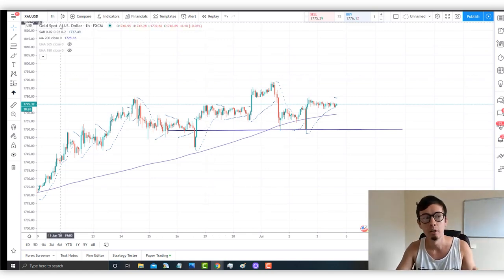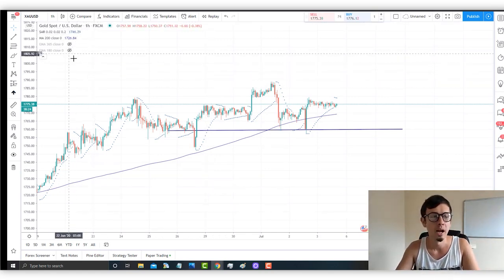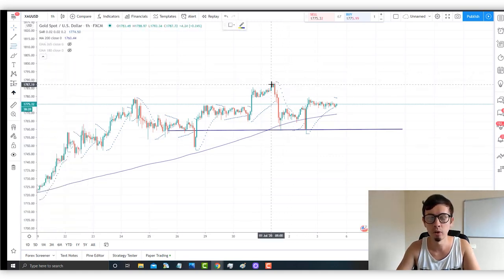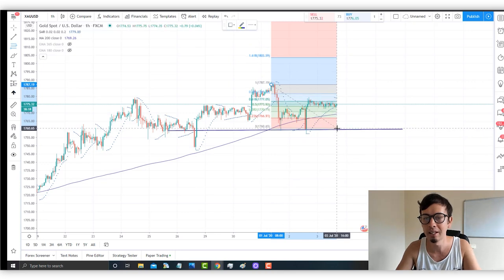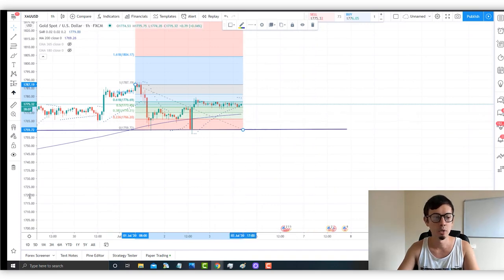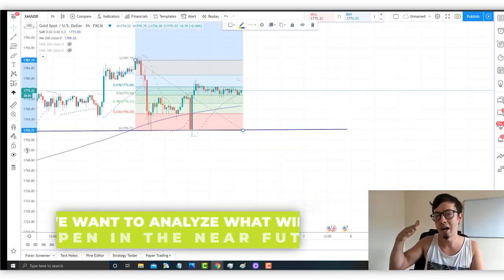So let's use the 1 hour time frame, and let's place the Fibonacci retracement. Let's place it from the highest to the lowest point, and let it go to the last candlestick. Not the lowest point, the last candlestick, because we want to analyze what's going to happen in the near future.